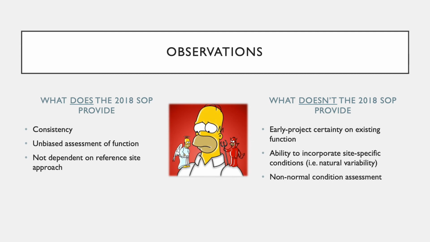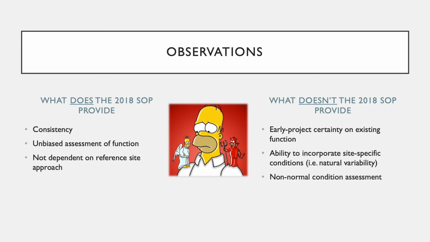The things that are nice about the current method is that it is consistent. Historically, there was a lot of inter-project variability in how function was determined. There was potential bias in some of those assessments. The new SOP does provide an unbiased assessment.